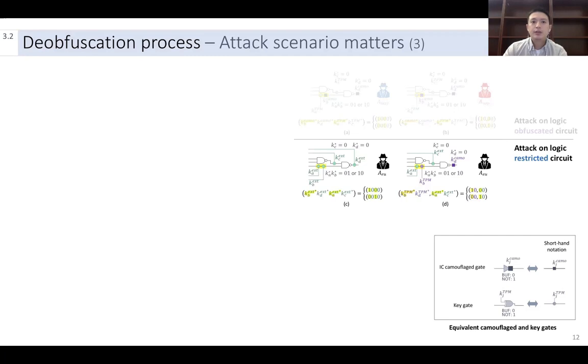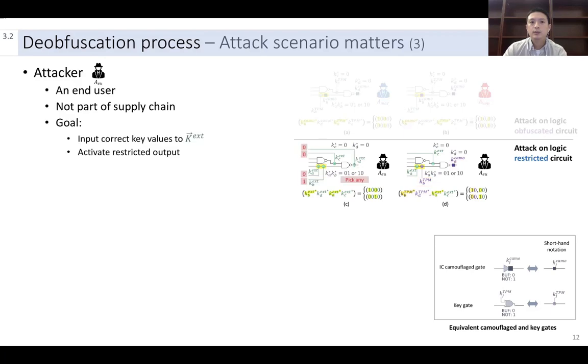Next, let's consider scenarios with the same attacker, but two different logic restricted circuits, C and D. On the left, all key signals are external inputs, whereas on the right, there is a key gate and a camouflage gate mixed in. An end user attacker, AEU, wants to input correct external key values. On the left, the attacker can pick KA, KB to be either 0, 1 or 1, 0.